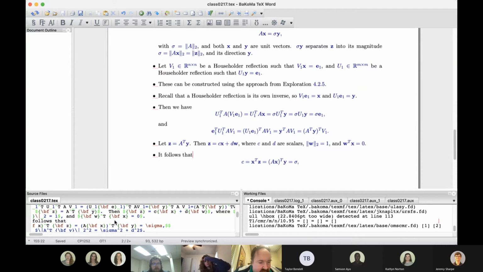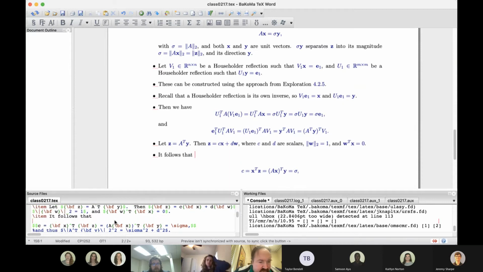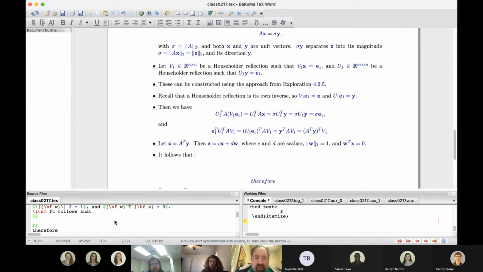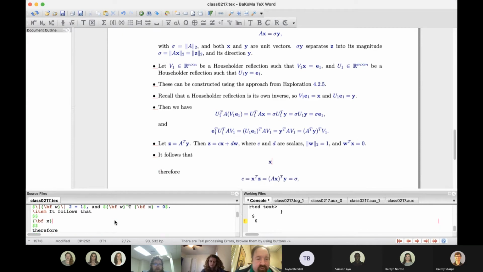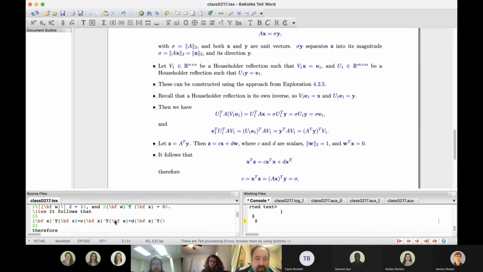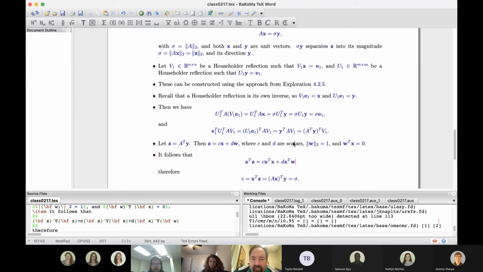So if I take the inner product of both sides of this with X, okay, I'll just write out what that is. X transpose Z is equal to C X transpose X plus D X transpose W. Okay.